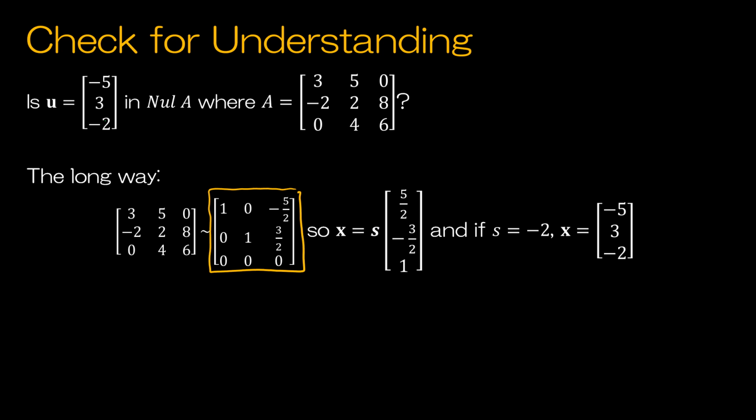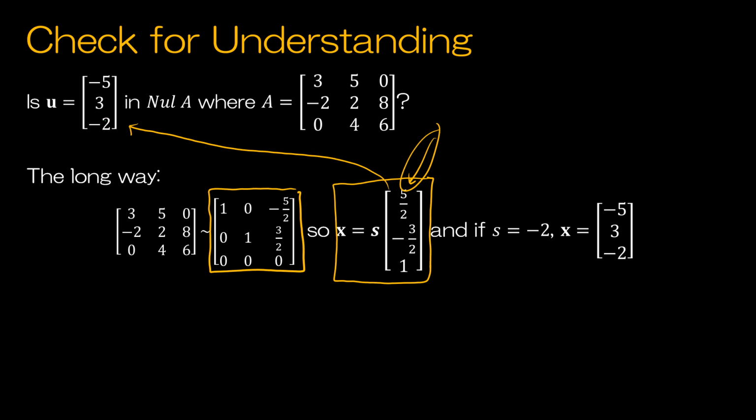So this is what we have been doing, which makes this vector the basis of the null space of A. The question is, can I take that basis and write u as a linear combination of it? And the answer is yes.